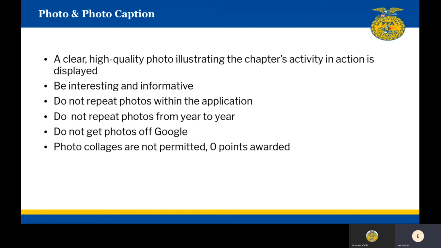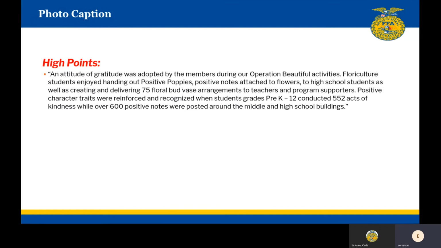And again, I know I said this, but photo collages, if you try to put more than one picture together in that box, you'll get a 0 for your photo, and you don't want that to happen. With your caption, I don't have an example of a picture, but this is an example of a caption for a picture. They're using all the characters.